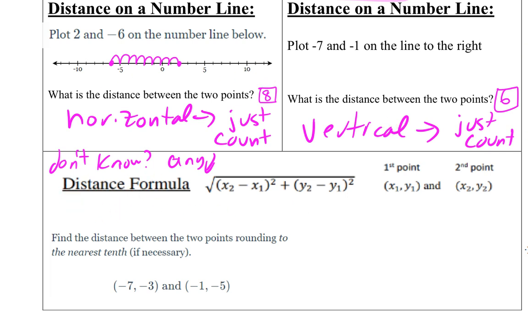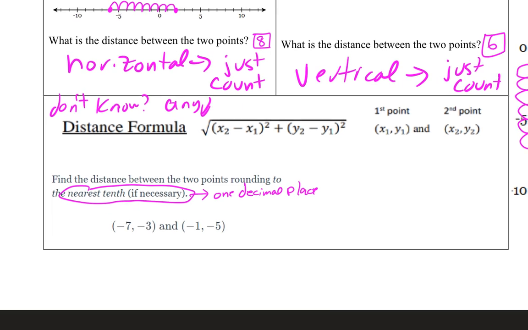Okay, so they're going to ask us, what's the distance between the 2 points, rounding to the nearest tenth? So these 2 points, if we graph those, what's the distance to the nearest tenth? So let's talk about that first. The nearest tenth means 1 decimal place, right? 1 decimal place. Okay, so here are our steps to do it.